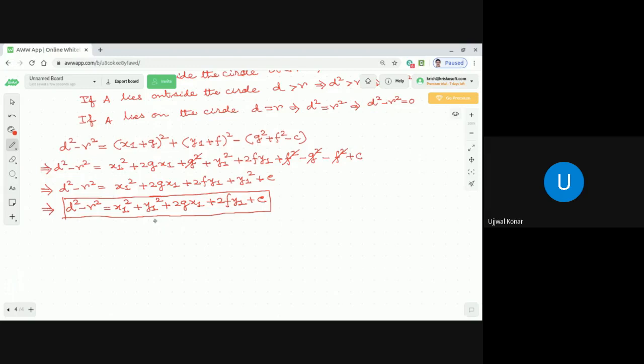So this value could be either less than 0, then we can say the point is inside the circle. Next, if it is equal to 0, the point is on the circle.